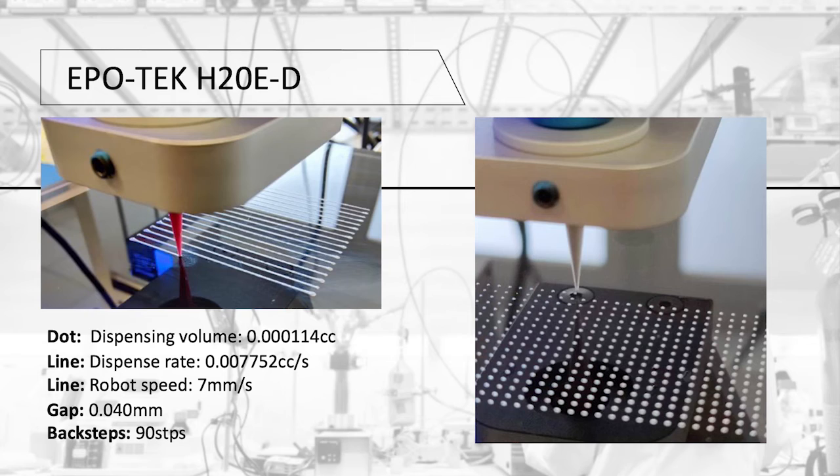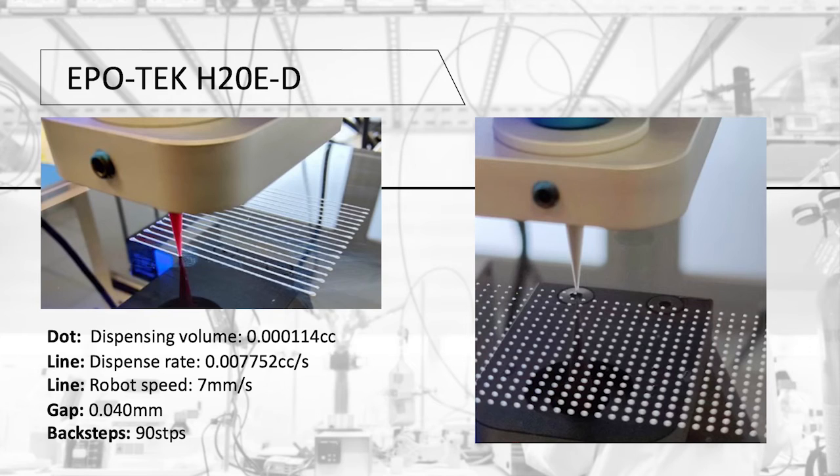After that, we investigated the H20E-D, the optimized dispensing version of H20E, again with the same dispensing volume, rate, and speed, but here far less backstep was required. The material was easier to control, its viscosity seemed very consistent throughout the trial, no dripping or tailing was observed.